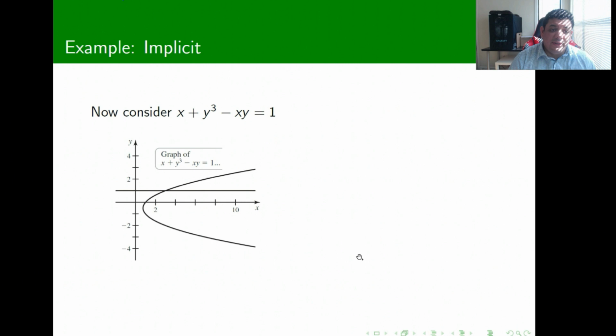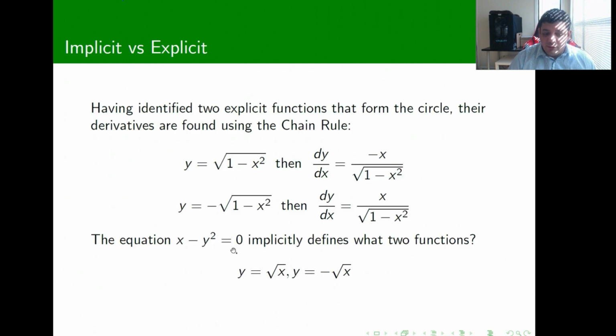So instead of doing that, what we want to do is find a way of doing the derivative without necessarily having to put one variable explicitly in terms of the other. And in some cases we're not going to be able to do it. Over here we can actually find y and say, okay, y is the square root of x and y is minus the square root of x.